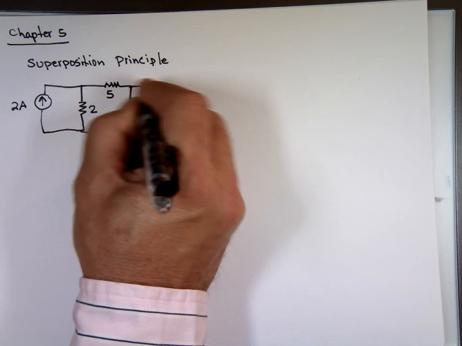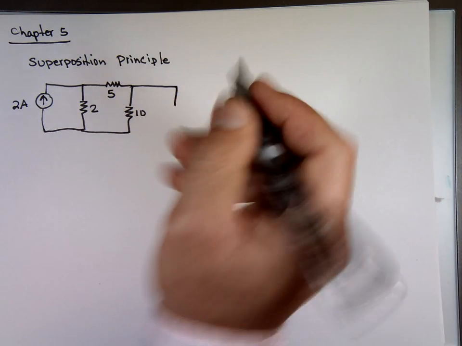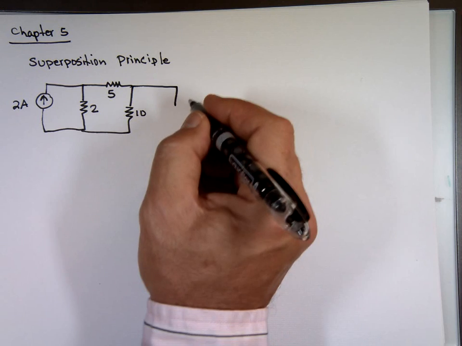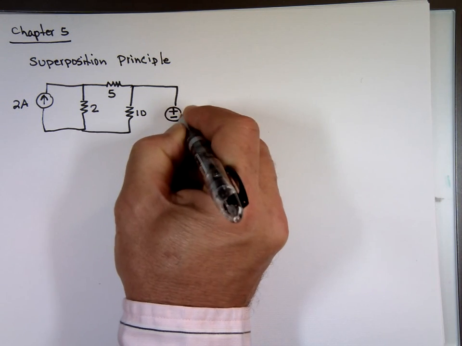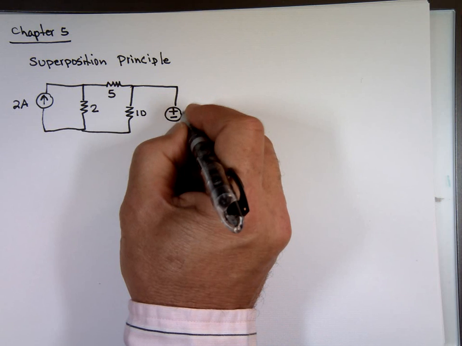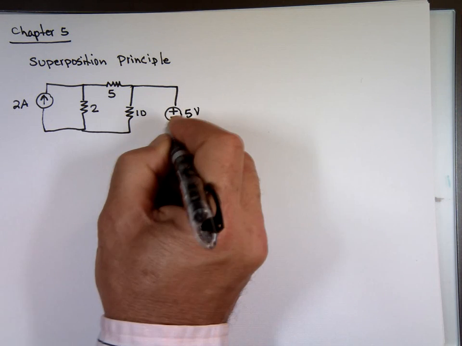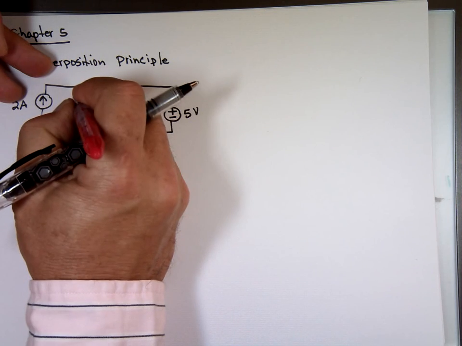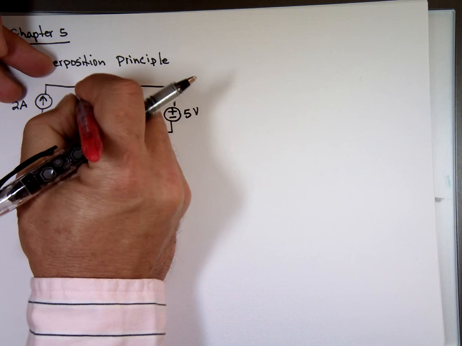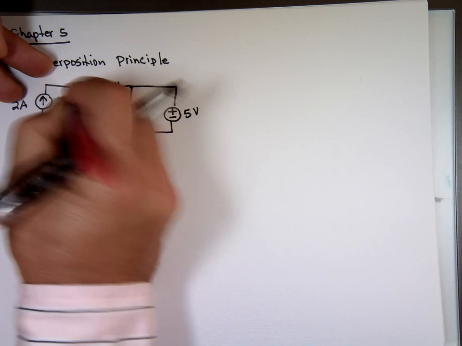I'm going to change this: instead of a current source, I'm going to make this a voltage source. And let's assume the question is, find the current coming down here. What is that current?